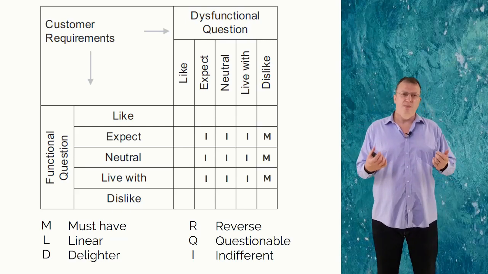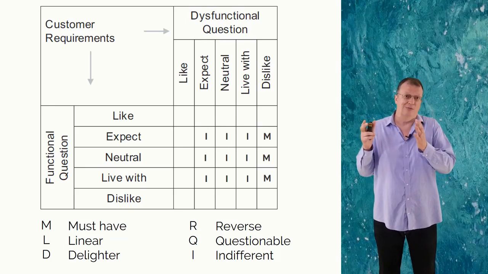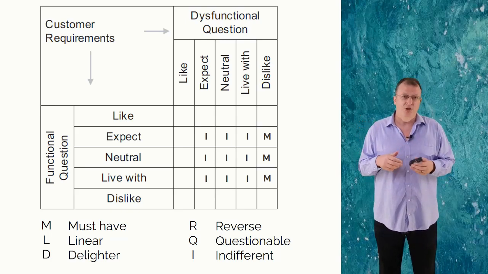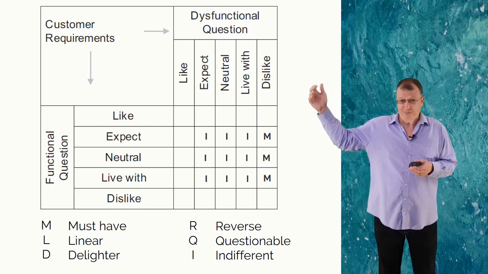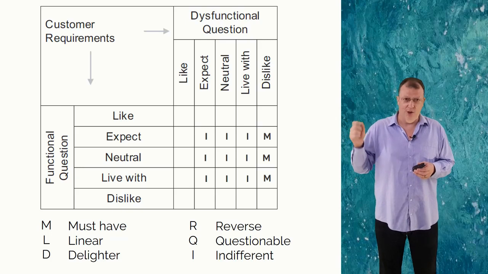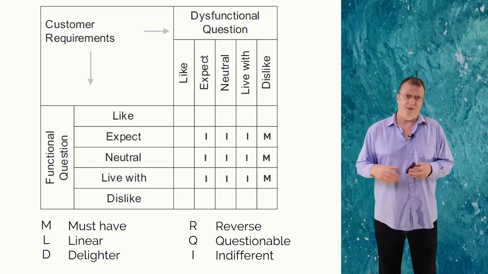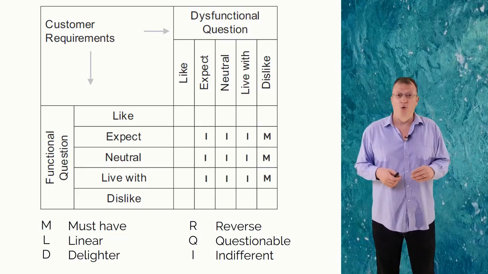Let's look at the must-haves. For the dysfunctional form of the question, customers are saying, I really don't like it that this thing is not there. It's like the room being clean. The room is dirty. I really dislike it. And on the other side, if the room is clean, how do you feel about it?